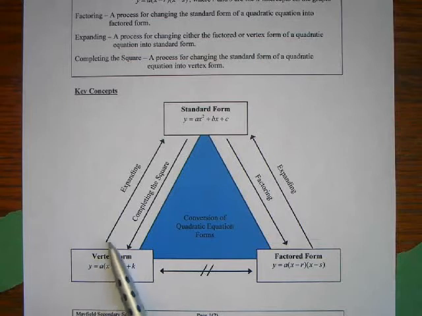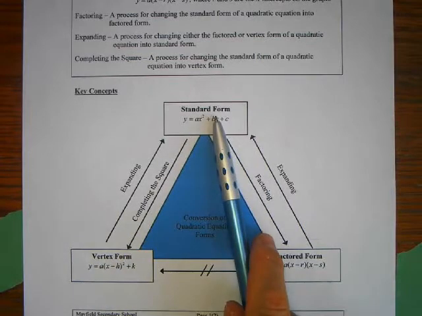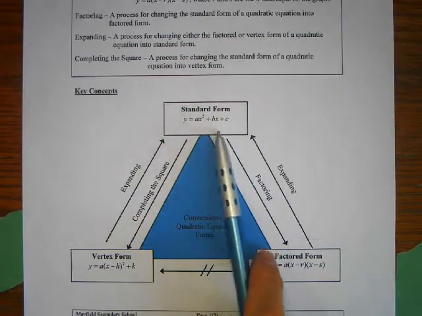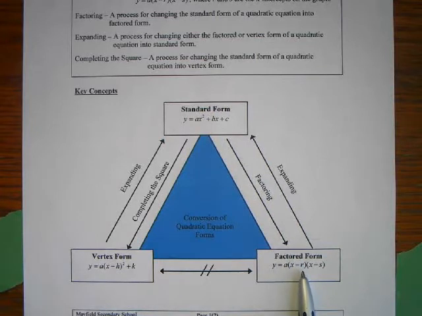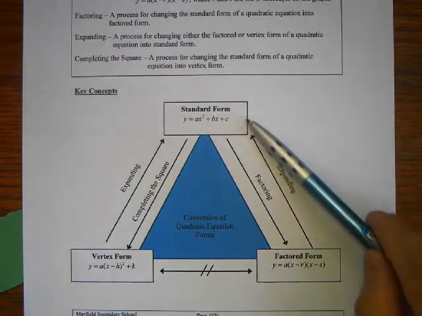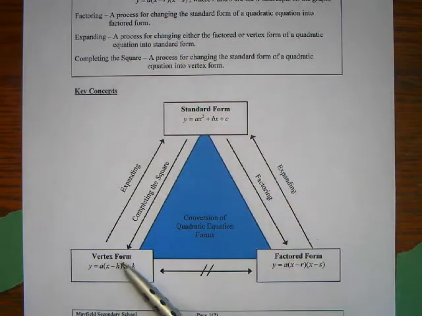So first I have to expand vertex form to standard form, and then I factor this into factored form. If I want to go the other way, factored form to vertex, I expand to standard form, and then I complete the square. So this is the only place where we can't go directly between two forms.